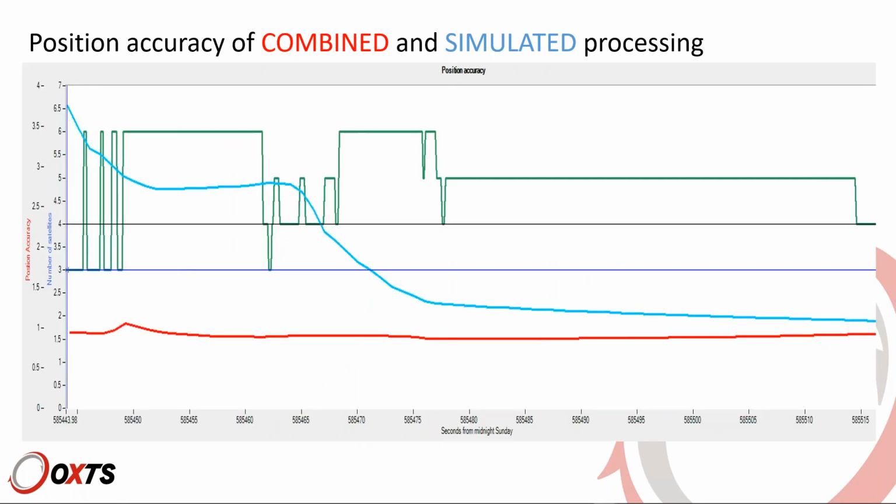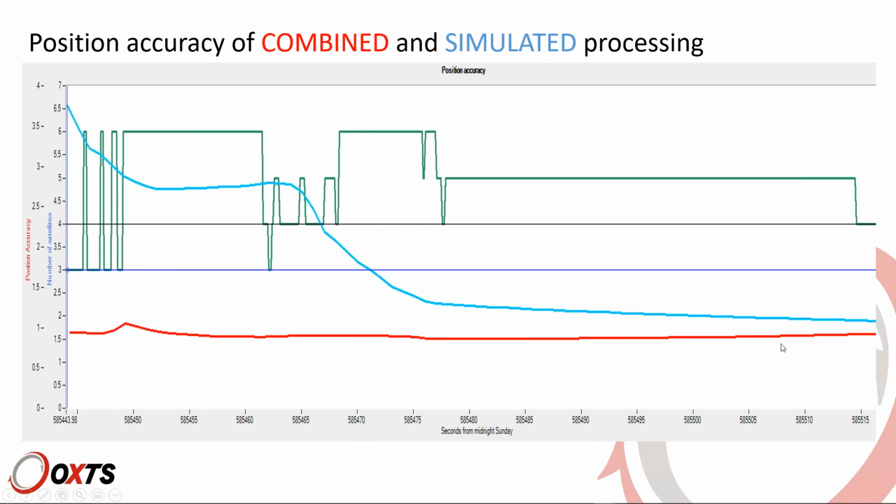Final example, again, simulated is position accuracy in blue, combined in red, and the green solid line is the number of available satellites. You can see that it is jumping between 3 and 6. So a harsh environment, okay, even going below 4, which, as we know, is a critical threshold. So you can see that combined keeps the system at 1 meter.